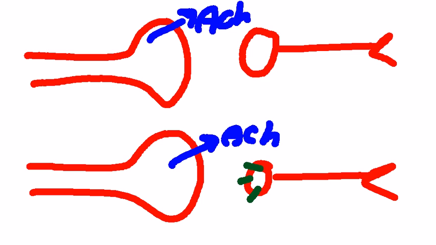So the broadest term that you could use to describe a receptor for acetylcholine is just a cholinoreceptor. But as you know, there are two main types of receptors for acetylcholine, and those are nicotinic and muscarinic receptors.